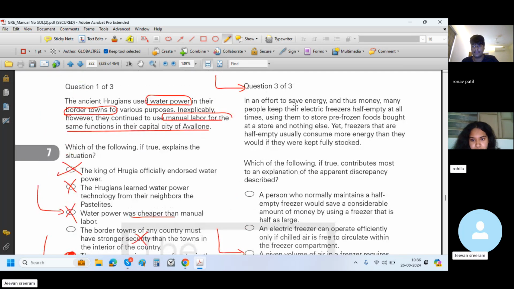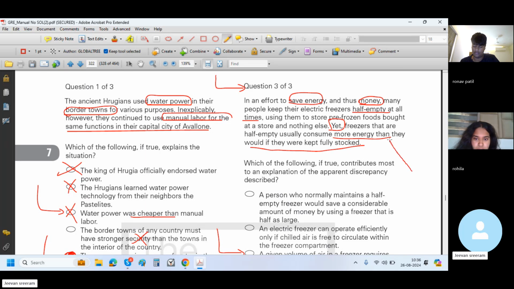Okay, in an effort to save energy and also money, many people keep their electric freezers half empty at all times, using them to store pre-frozen broth and nothing else. Yet freezers that are half empty usually consume more energy than they would if they were kept fully stocked. Clear?